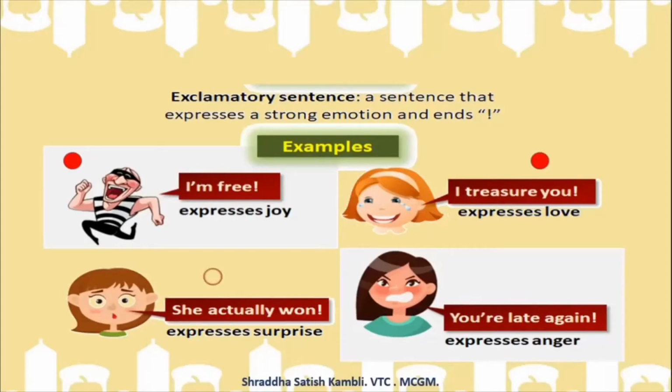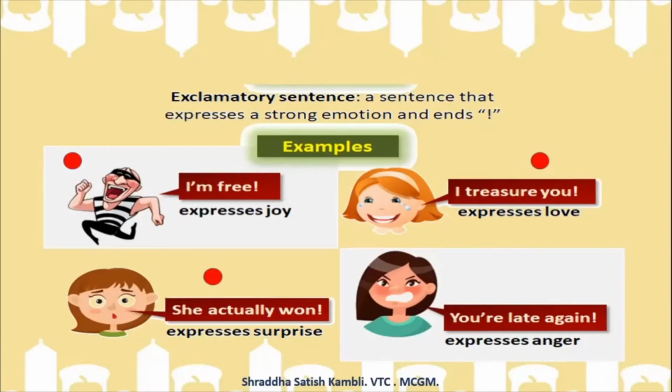Third example. You thought that someone will not win at all, but that person won. So what will you say? "She actually won!" So what are you saying? You're expressing your surprise because you never thought that that person will win. But she actually won. So you're expressing your surprise. And look at the exclamation marks, okay?